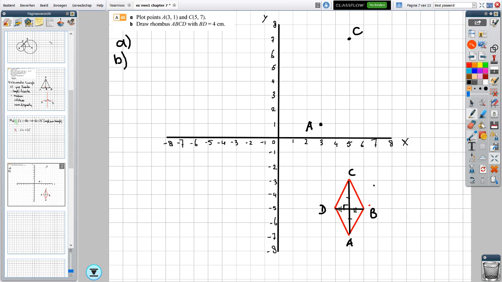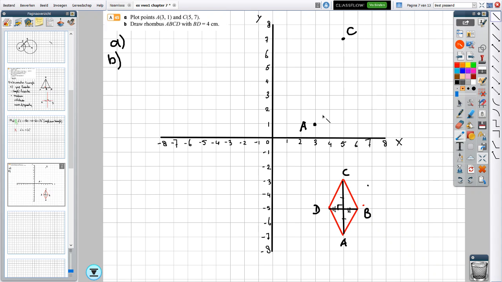So because we're talking about the diagonal, I can already start by drawing the diagonal from A to C, which is going to be a diagonal, right? I can show you that right here. I know that also because A is not connected to C in this notation here. A connected to B, connected to C, connected to D, and D goes back to A. So I know for a fact that this line is equally long to this line, right?